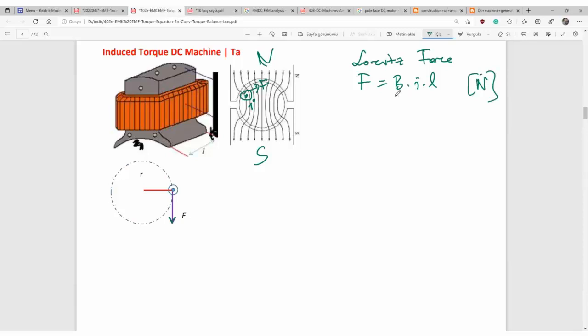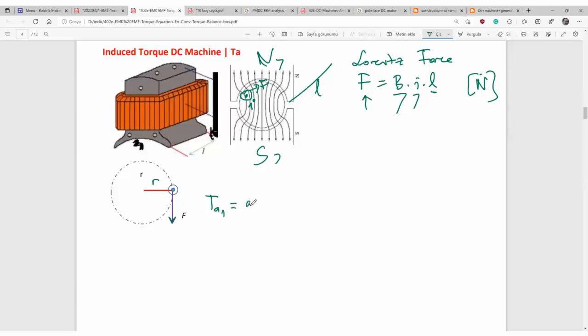There's a magnetic field? Yes. There's a conductor having a length of L? Yes. There's a current? Yes, someone supplied. Okay. As a result, there's a Newtonian force. That force, together with the radius, results in a torque in one conductor.